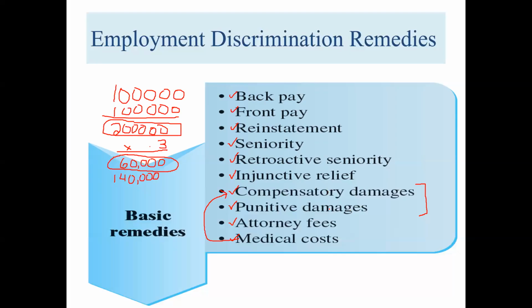Now, there are some ways that plaintiffs, depending upon how they plead things, can potentially get unlimited punitive damages. Effective plaintiffs' attorneys can be very good at crafting complaints that open up more potential in these areas for higher damages. But these are, for the most part, the most important ones in employment discrimination cases.